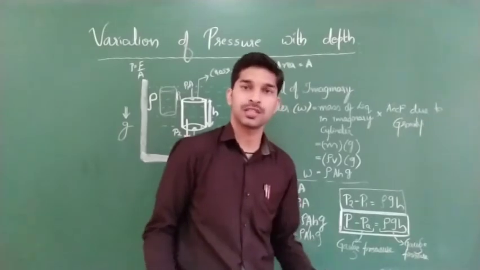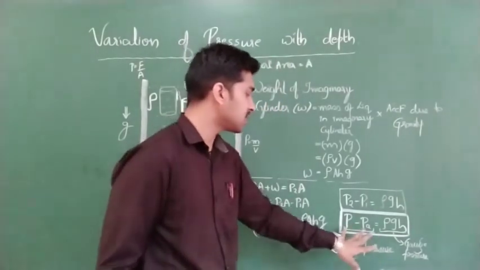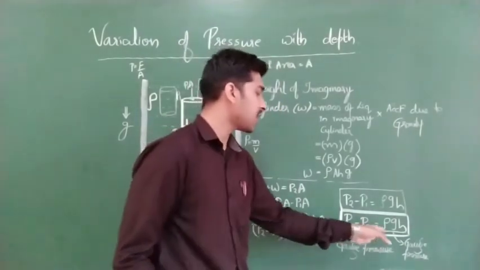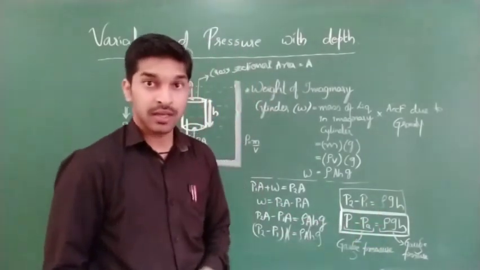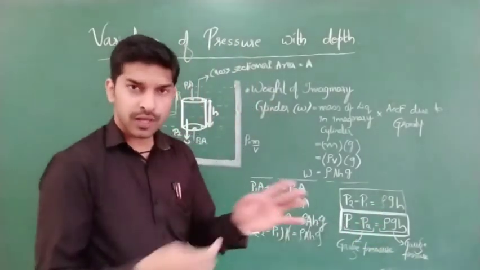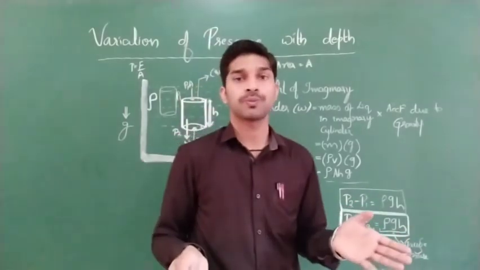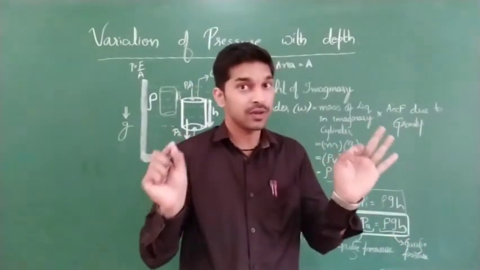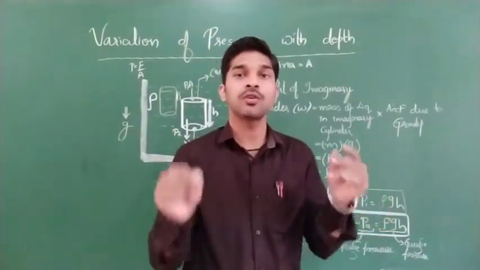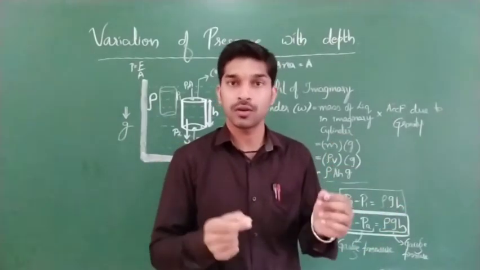If atmosphere was not there, if we maintain a vacuum, the pressure value will be equal to 0. We won't have anything to apply any pressure on that particular fluid.